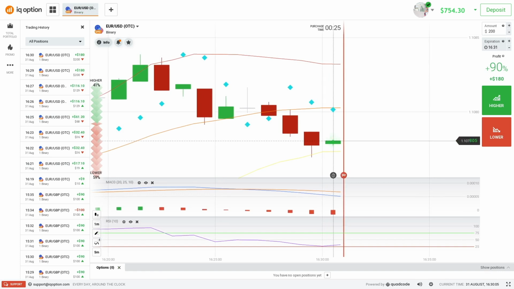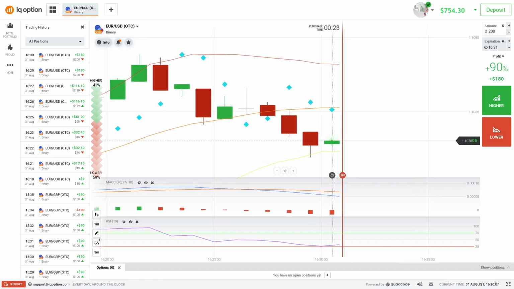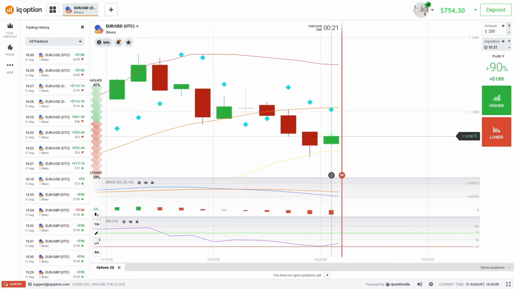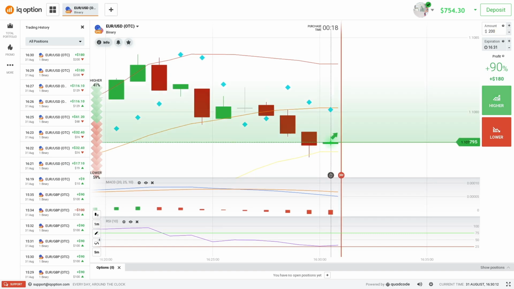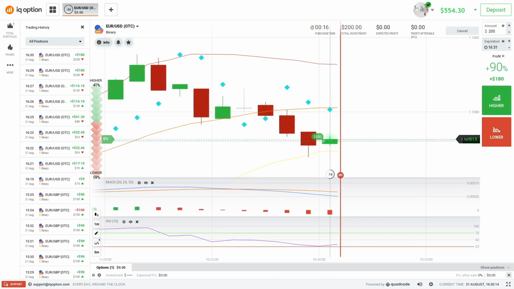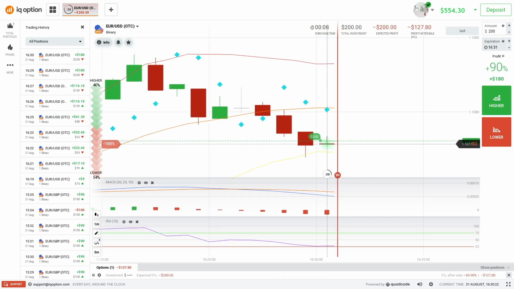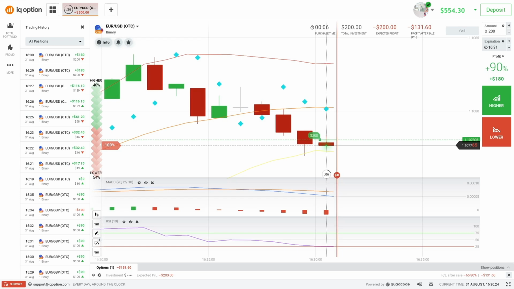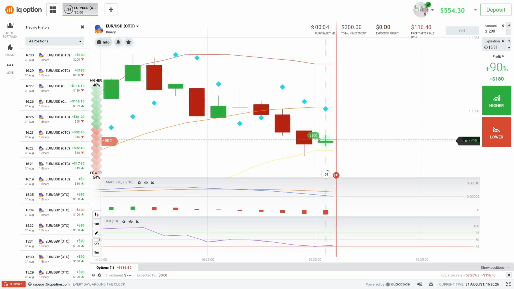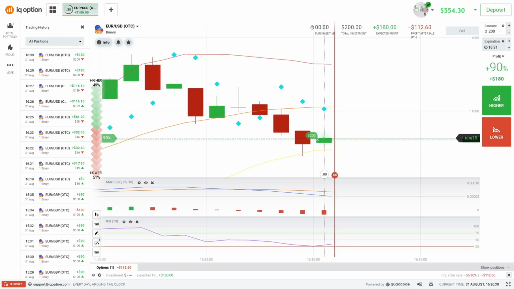So also weaknesses. As I was saying, review performance. Regularly analyze your trading journal to identify your strengths and weaknesses. So learn from your mistakes. If you're making a mistake, that's okay.